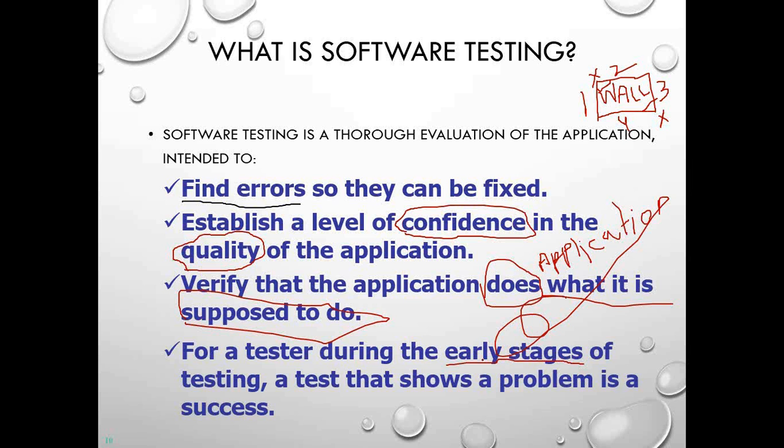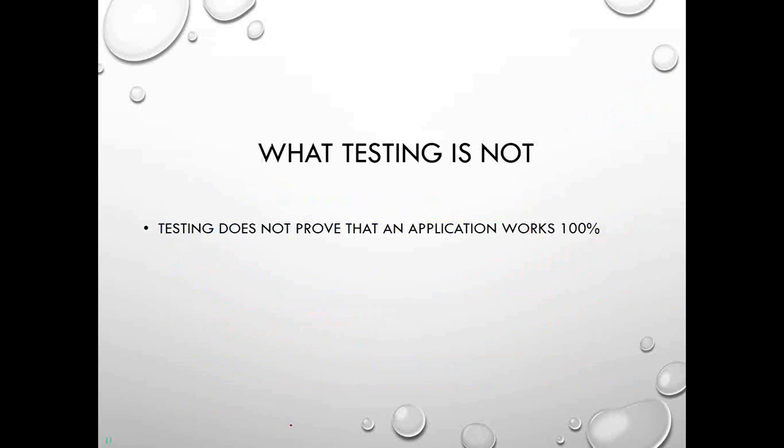And that's why it says, for a tester, during the early stages of testing, a test that shows a problem is a success. So the earlier you identify the issue, the better it is, and the less costly it is. So early detection is very important.